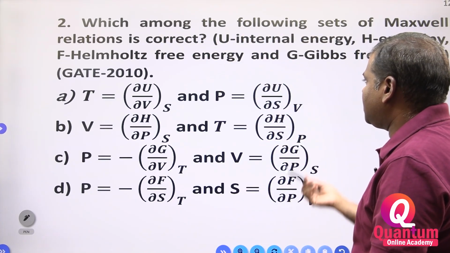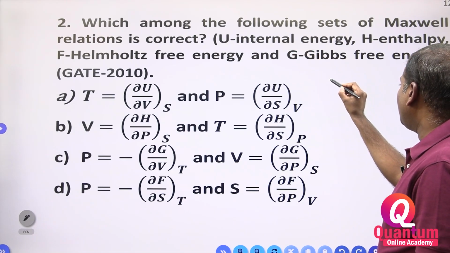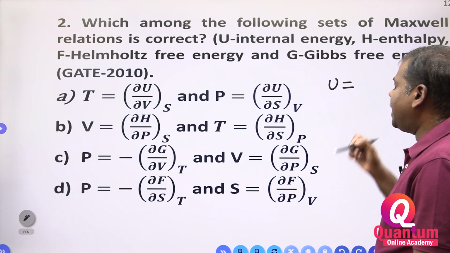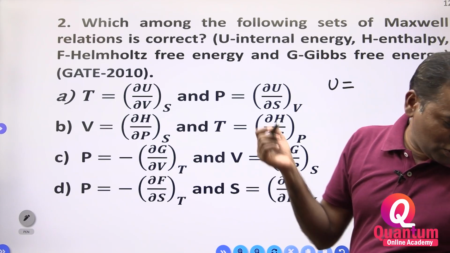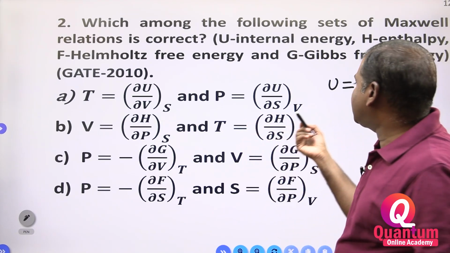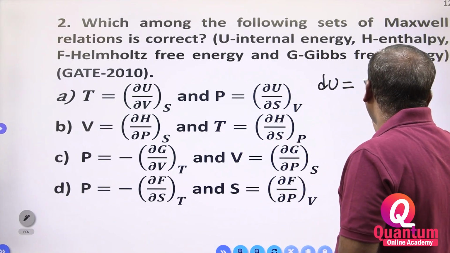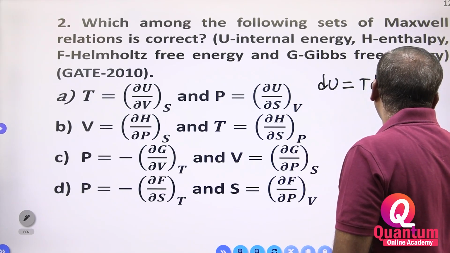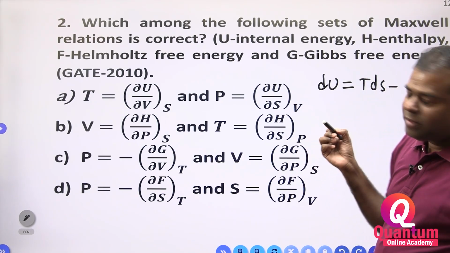They are asking first about internal energy U. What is dU? Now we got dU is equal to TdS minus PdV.